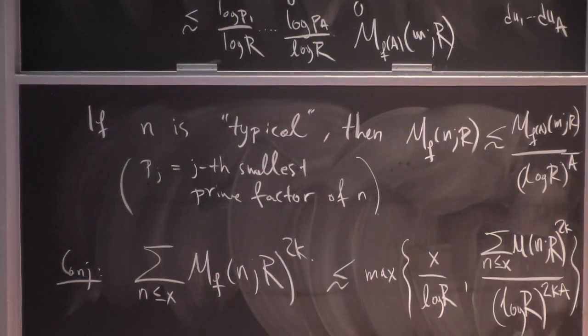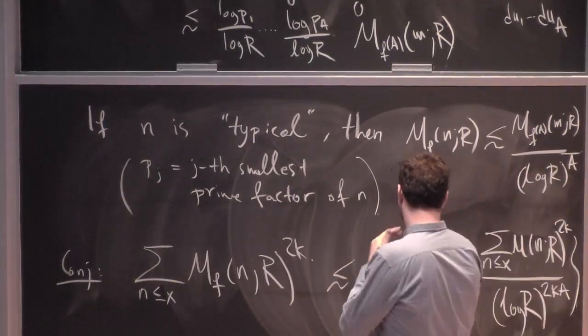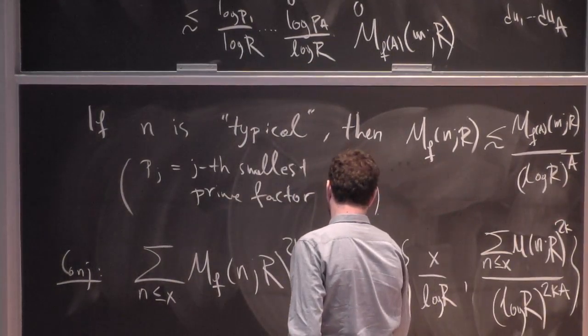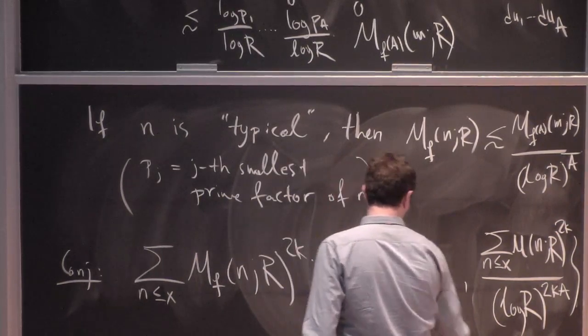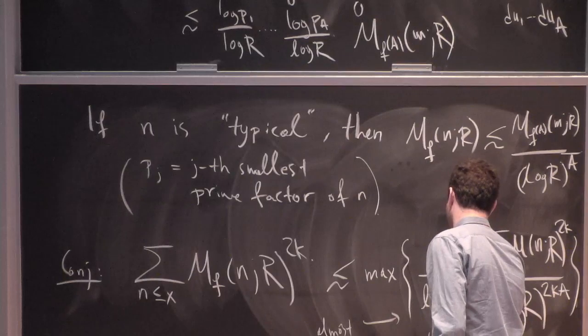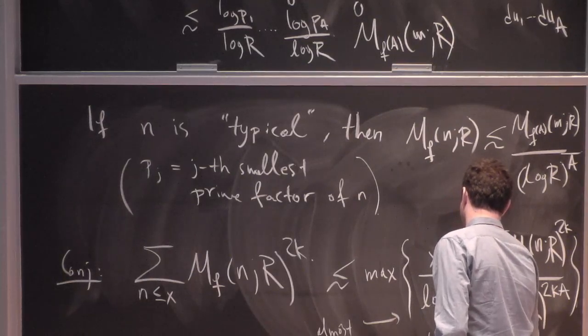Okay, so remember that the sharp cutoff is where I take my f to be 1 up to 1 and then 0 otherwise. Okay, so right, and this is the world when you have almost primes. And this is the world when you have typical integers dominating.